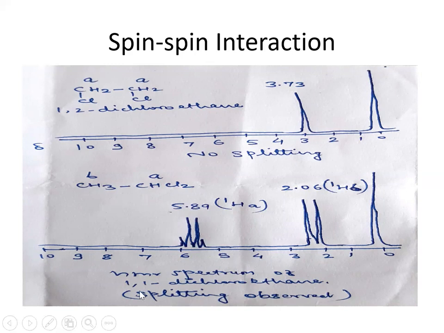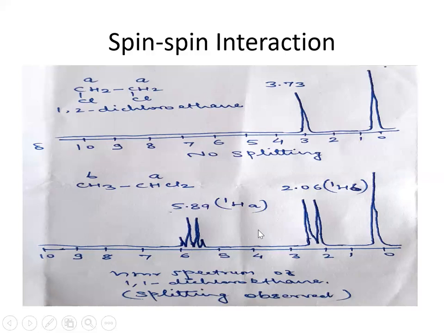Is it clear? It means the NMR spectrum of 1,1-dichloroethane splits due to the presence of non-equivalent protons in the surrounding carbon atom. In this spectrum, we observed splitting. Okay, is it clear?